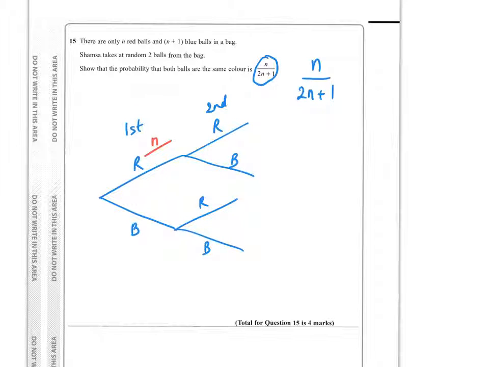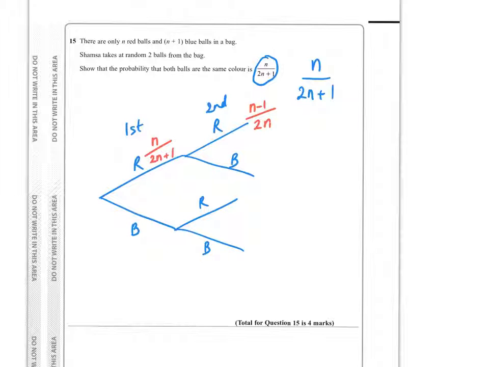Well, it's n plus n plus 1, which is 2n plus 1. But choosing a red again, well, there won't be as many reds now. There'd be one less than n, so there'll be n minus 1 to choose from, but there'll be less in the bag still, won't there? Because you've already chosen one to start with, so there won't be 2n plus 1 altogether, there'll just be 2n here.